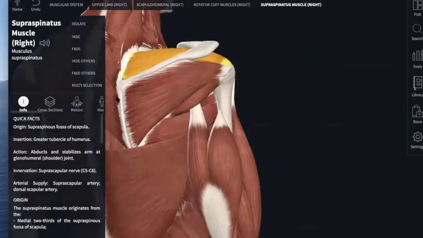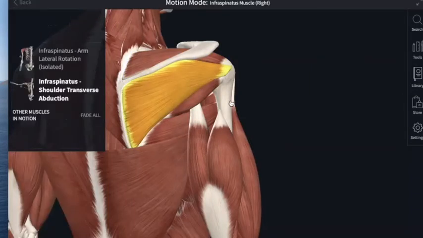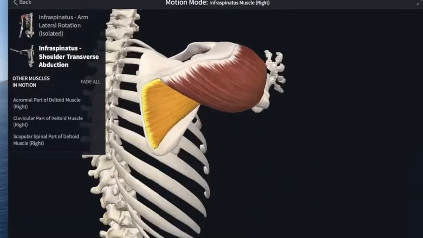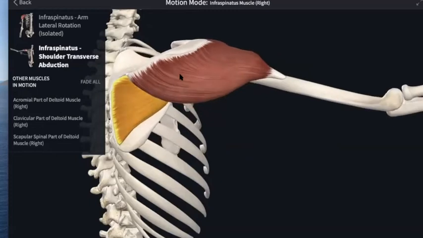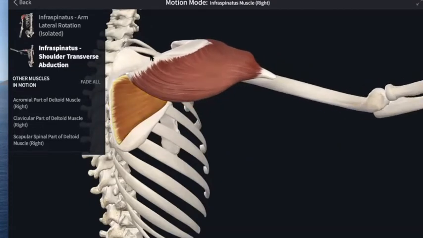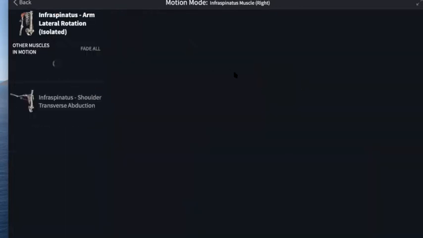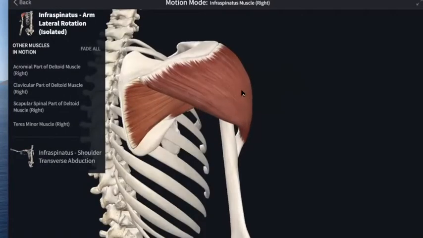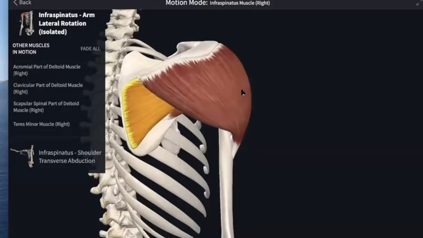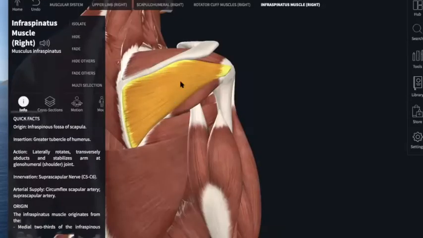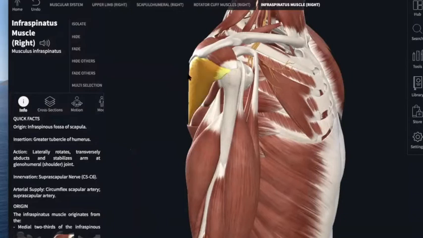And then for these three, they're going to be major abductors, or what's called lateral rotation, right? Bringing your shoulder, rolling it backwards. Right? So those are your rotator cuff muscles on the back of your arm.